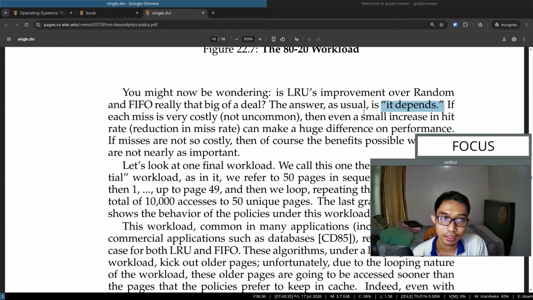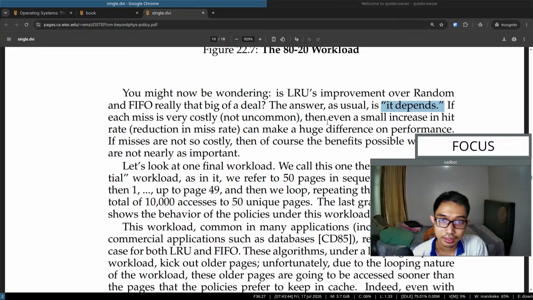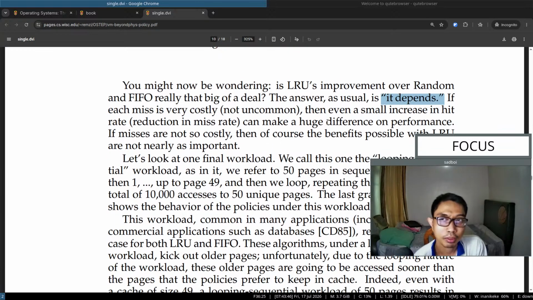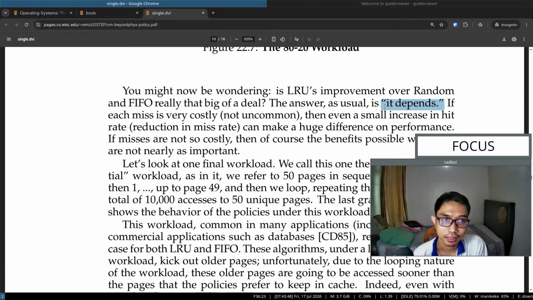Is there really any hard or specific answer? Yeah, it usually depends on the circumstance or something like that.